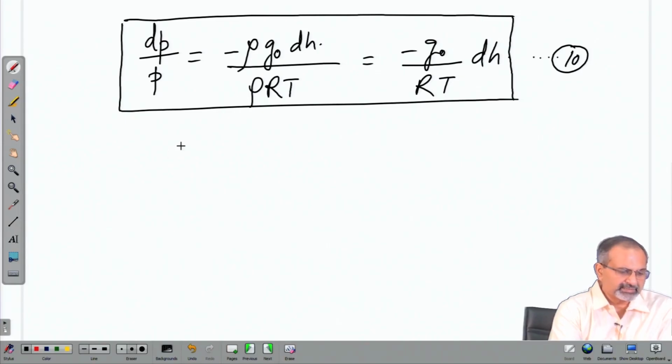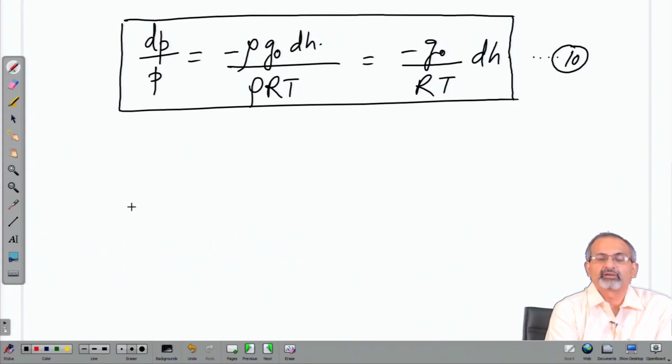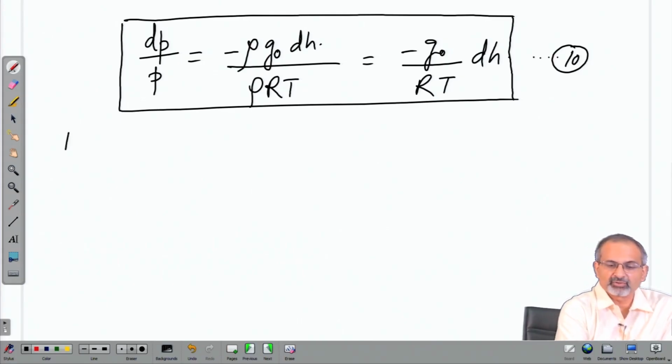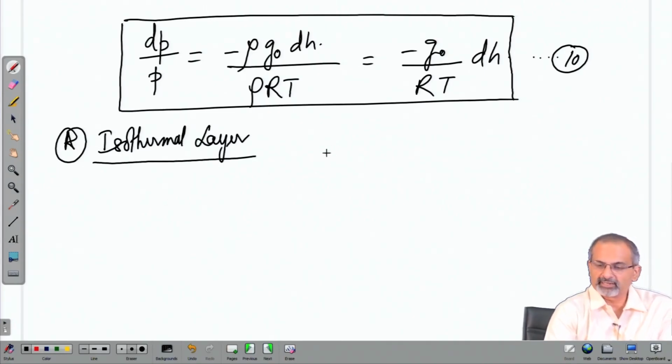You can figure out that this can be integrated now to give you a relation for pressure variation with altitude. So, when you integrate this for different layers, either isothermal layer or gradient layer, you are going to get an equation for pressure. So, let us try out with the isothermal layer, that means where the temperature is constant. So, we take an isothermal layer. How does it look like? It looks like this, in the temperature sense.